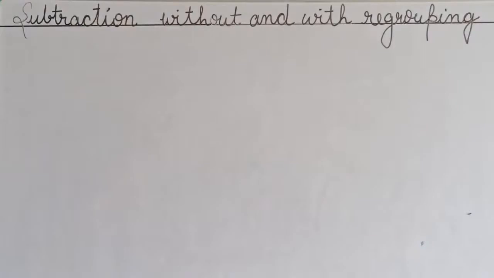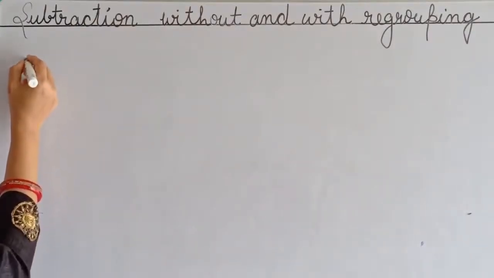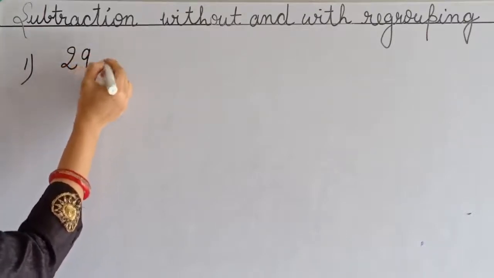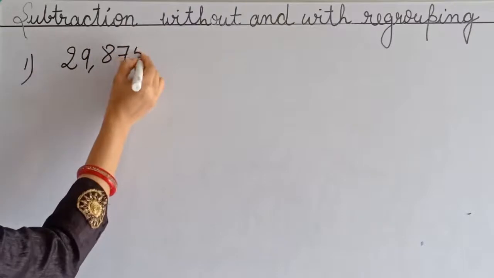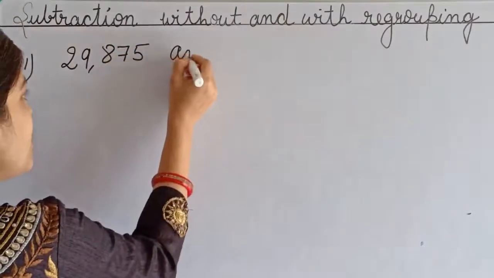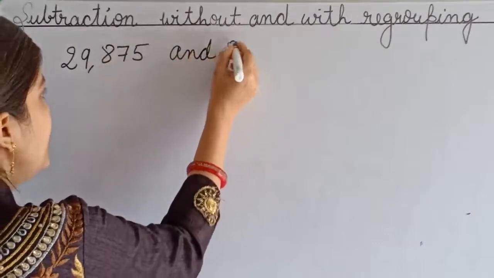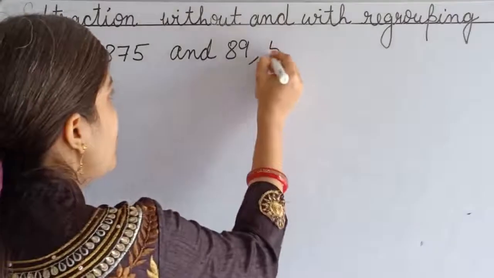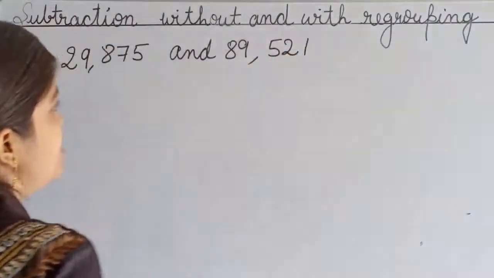For example, it is given: find the difference of 29,875 and 89,521.